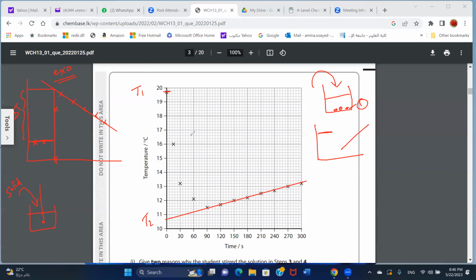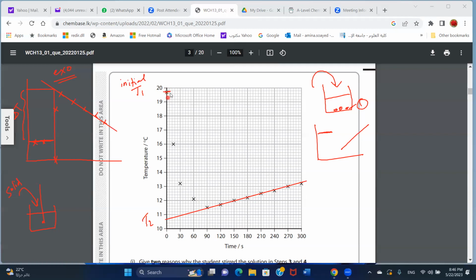So here we have to find, yes, Yamira. Why is the final temperature at 0 seconds? I don't understand why T2 is at 0 seconds. No, we don't get it at 0 seconds. We just extend the line until 0 seconds, because they started to add the water to the solid at this point.